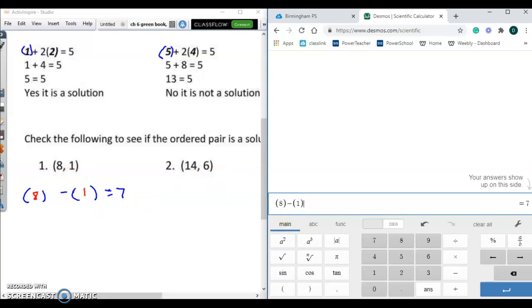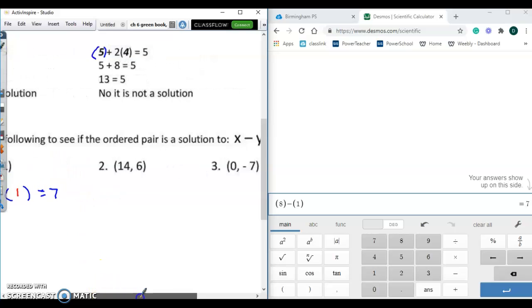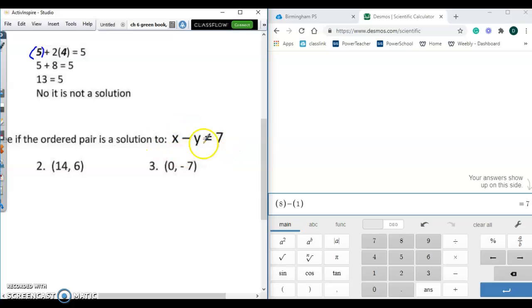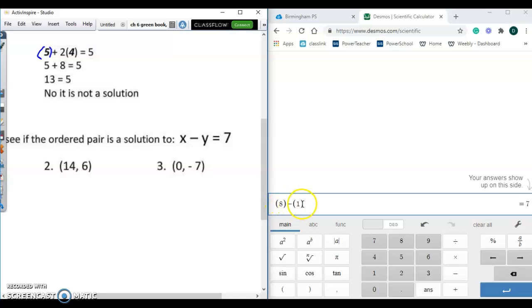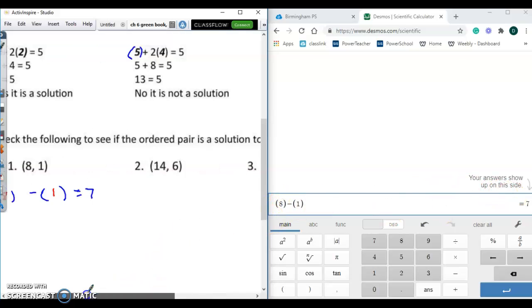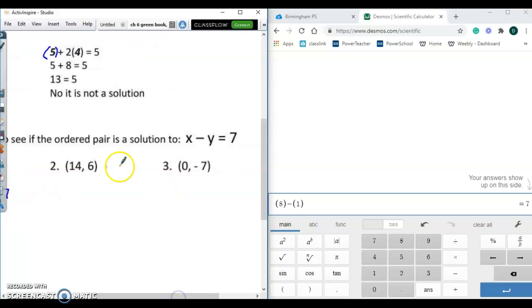So if I'm checking multiple input-output sets or x and y data into the same equation, all I have to do is swap out my x and y once I type it in once onto this Desmos calculator. So we can see that 8 minus 1 does indeed equal 7, so that checks out. Yes, it is a solution.